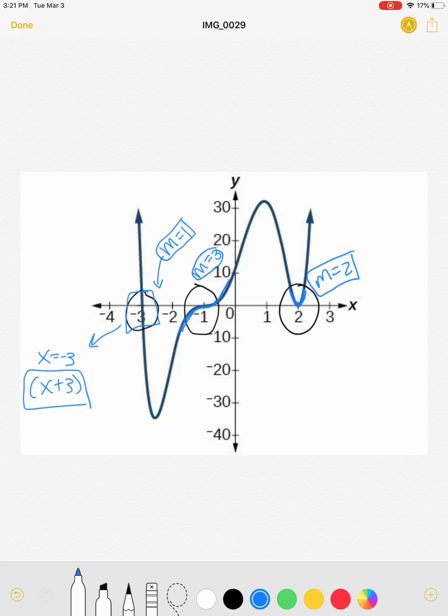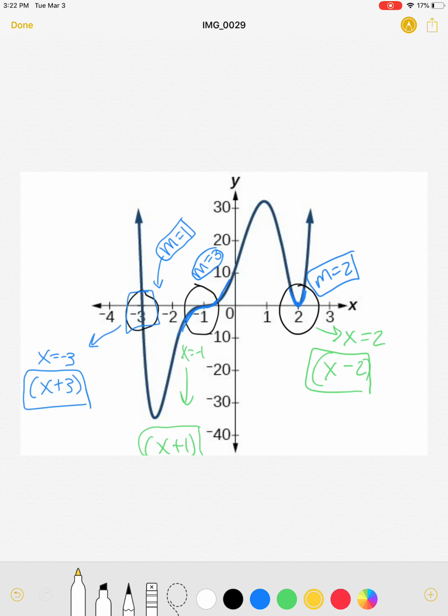We know that. This x-intercept is -1. We know that comes from the factor x plus 1. And this x-intercept, I should say, is 2, which comes from the factor x minus 2.